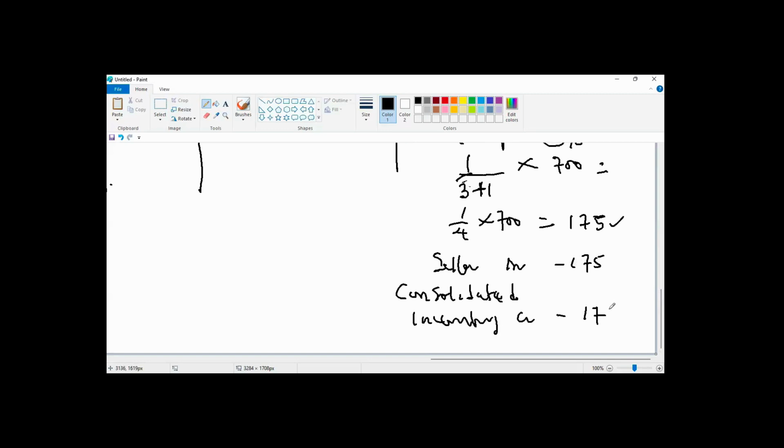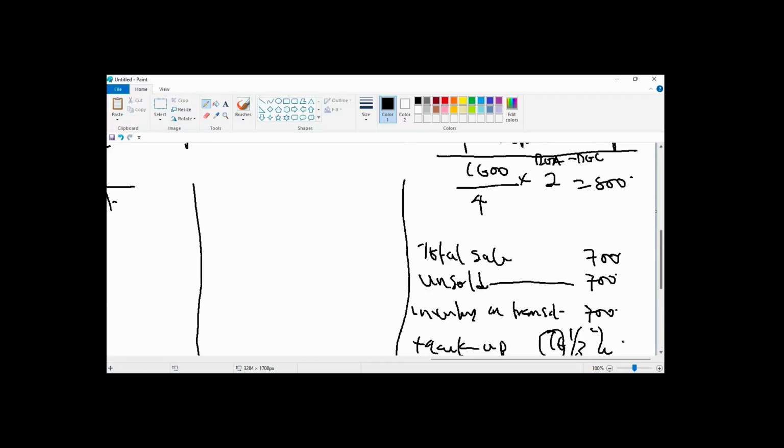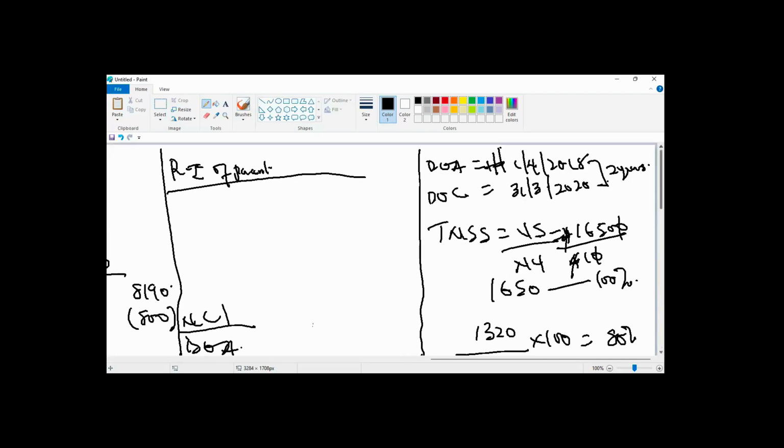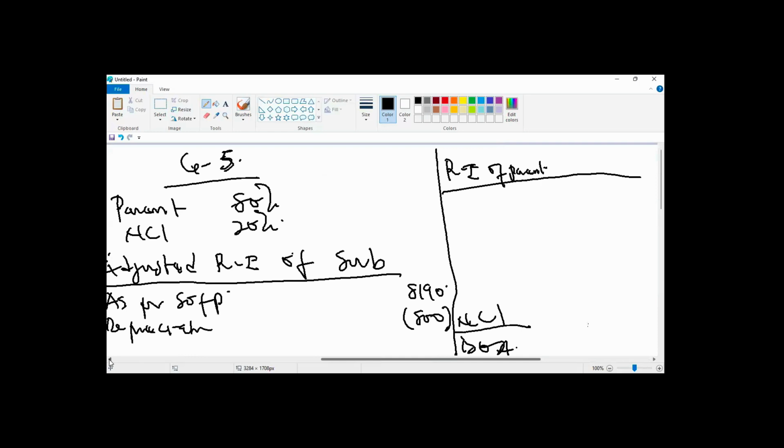Minus 175. That's all. As I have established, a subsidiary is the seller. I'll go to subsidiary accounts. This 175 is subsidiary accounts. Adjusted retail earnings of subsidiary, 175 will disappear.